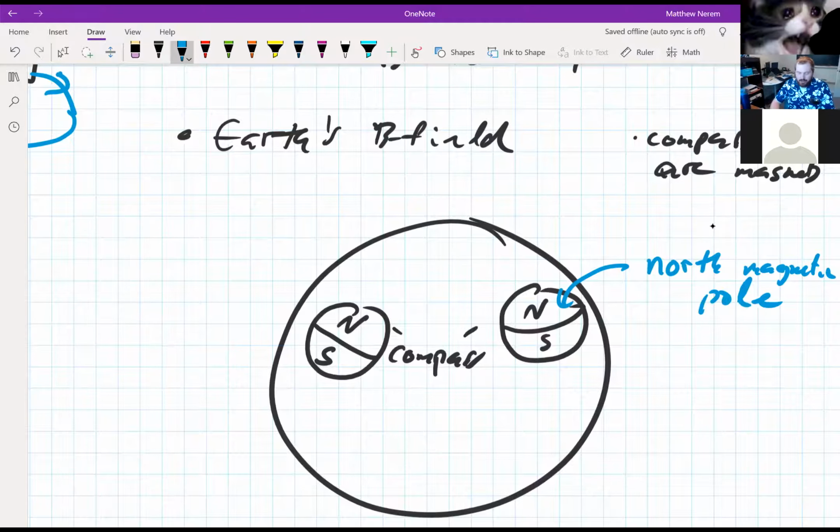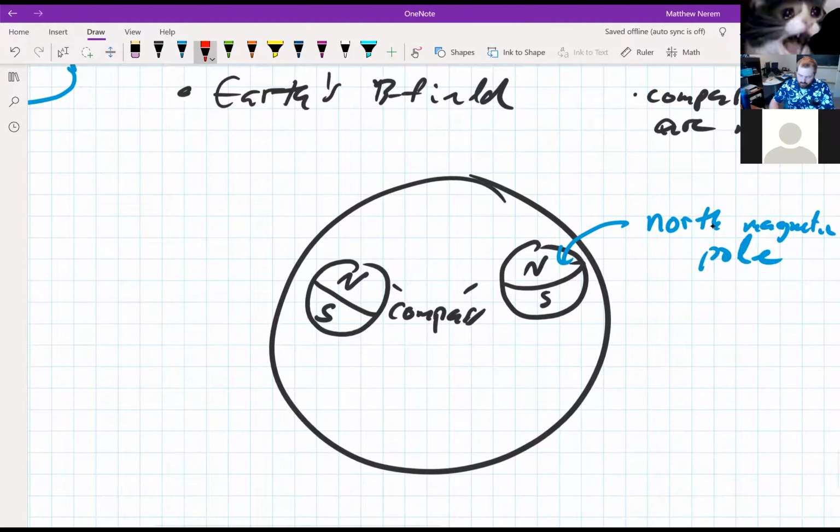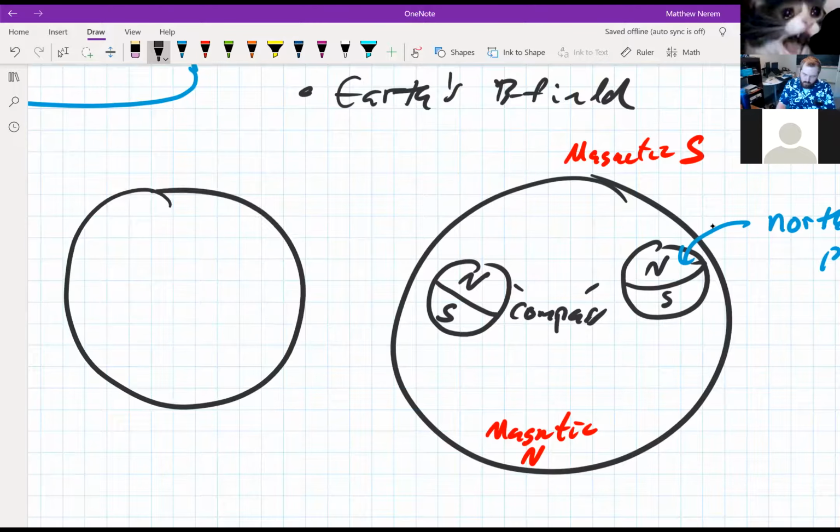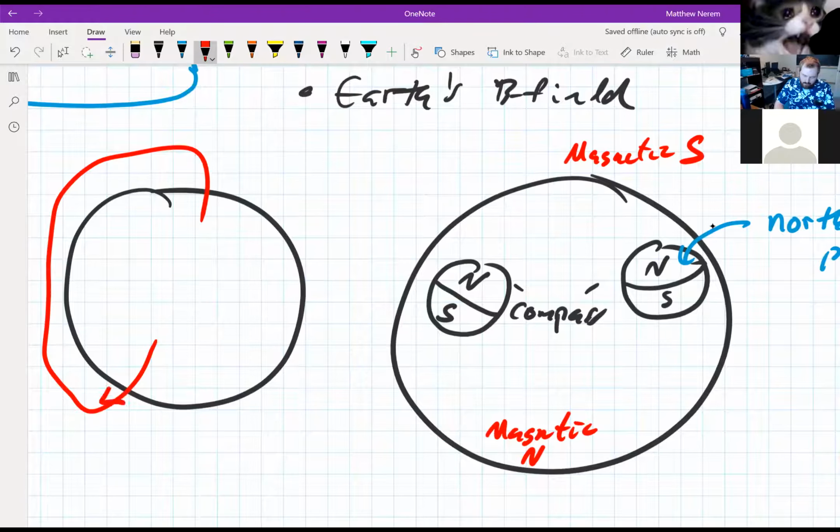So what this tells us is that Earth's field has magnetic north and magnetic south. I'll draw a picture over here. If you look at Earth's magnetic fields, you actually see something that looks, let's make that a little bit clearer.